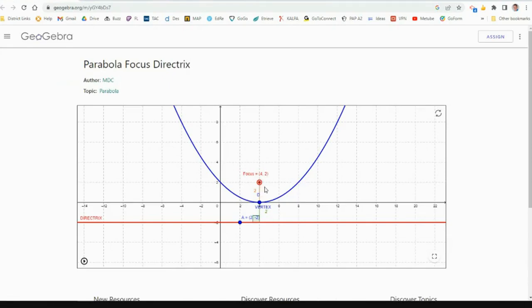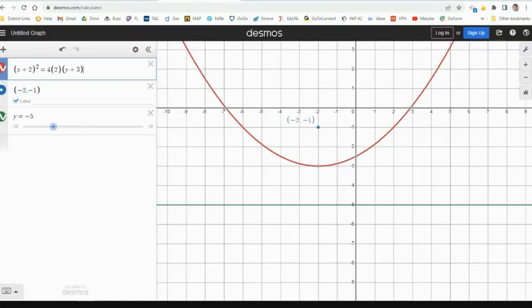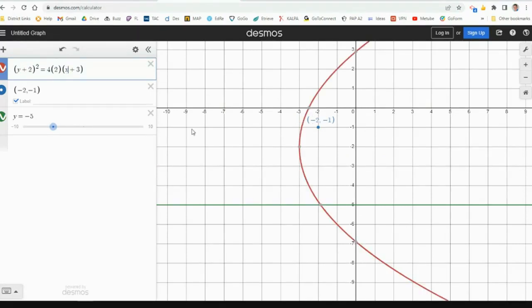So, determining which way your focus goes depends on which way your parabola opens. If this is a left to right parabola, then everything would move to the left and right of the vertex. The directrix line would be an up and down one. So let's look at that real quick. If we traded this to be a y and an x, let's say we had a sideways parabola, then our focus would move. If it's still a p of 2, and this would be x equals.